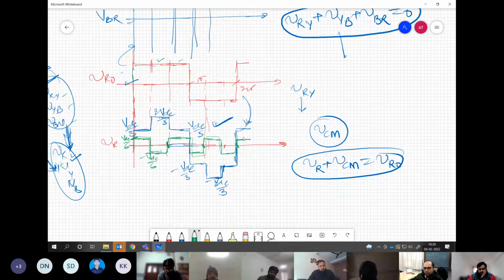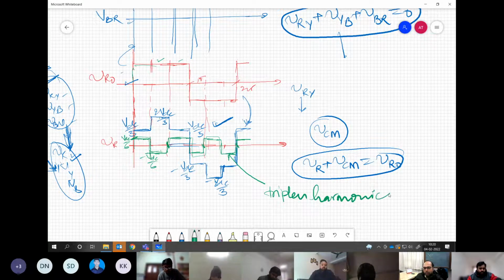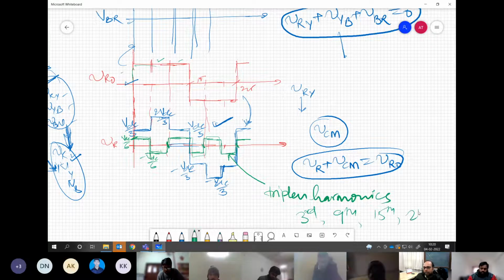Yes, sir. So this component basically consists of all the triplen harmonics. When I say triplen harmonics, it is not just the third harmonic, but also the 9th, then 15th, then 21st, and so on, multiples of 3. And we know that because all the symmetries are maintained even in this waveform.